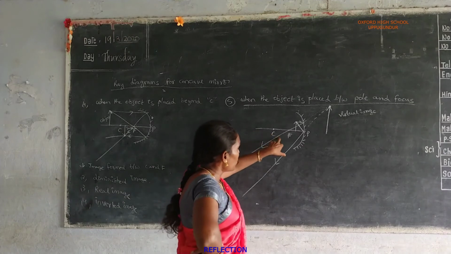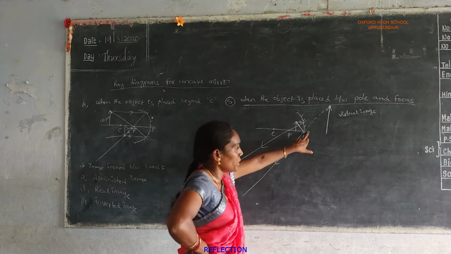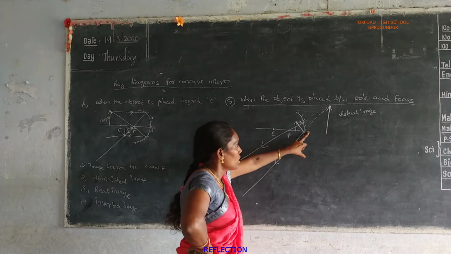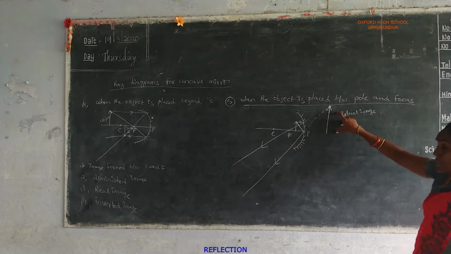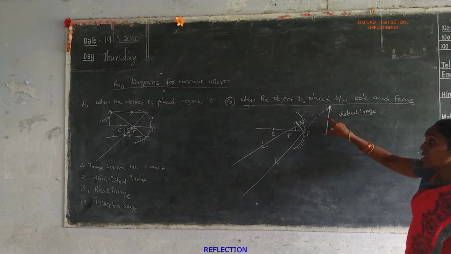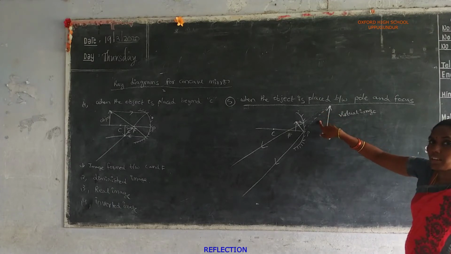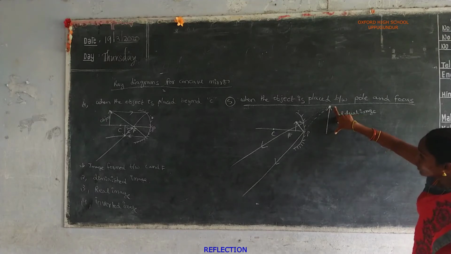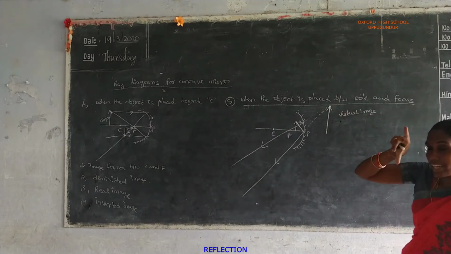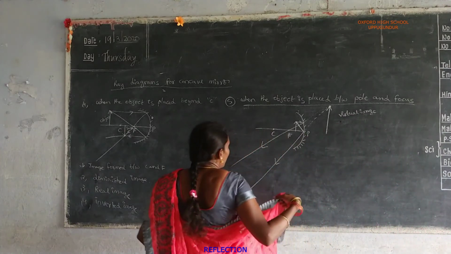When the object is placed between focus and P, P meaning the pole, the image is formed on the same side of the mirror, inside the mirror. This image is called a virtual image. A virtual image is always erect. Erect means straight and as it is.